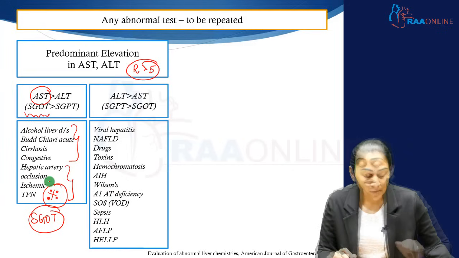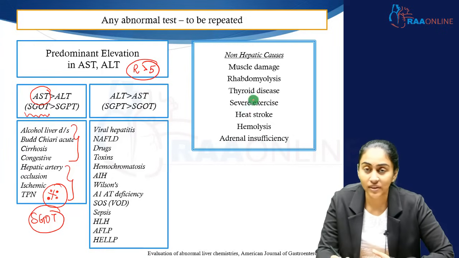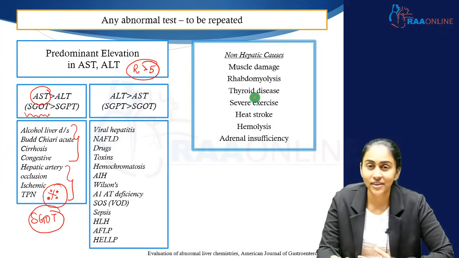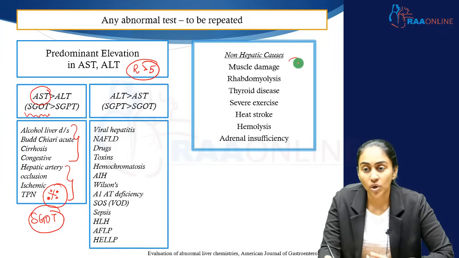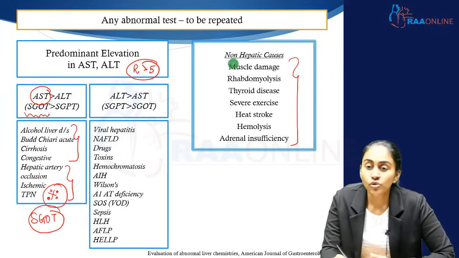Now we'll have to also understand that, as I told you earlier, SGOT is not only produced by the liver, it is also produced by muscle, by brain, by kidneys, by the blood cells, white blood cells, red blood cells, lungs. Therefore, several non-hepatic disorders can cause increase in SGOT particularly, but basically increase in transaminases. So what are they?